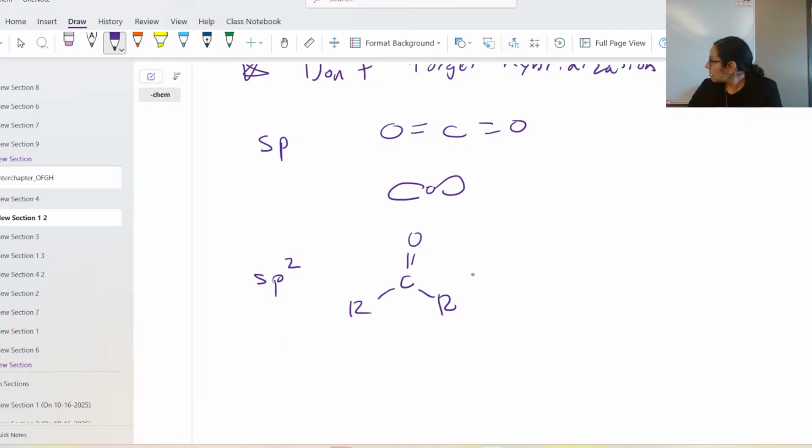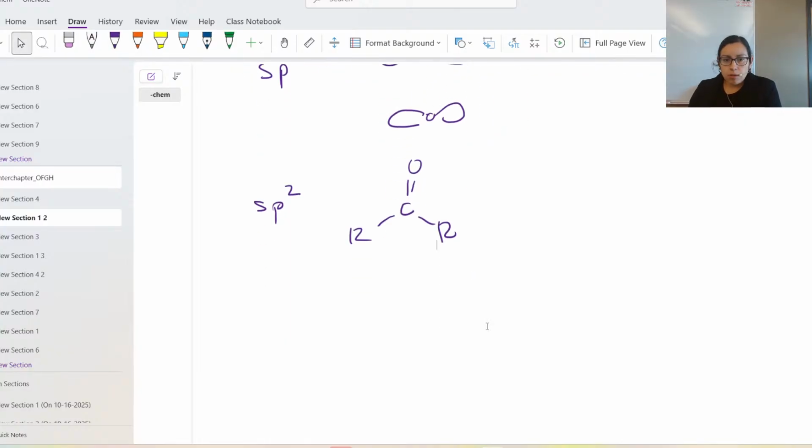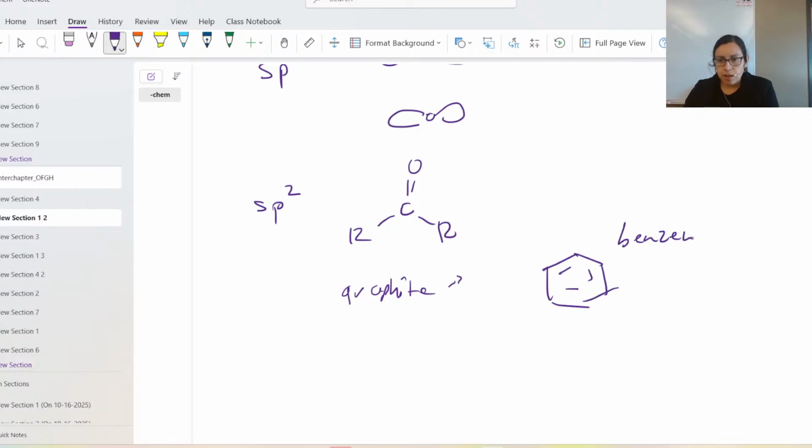We'll look at other carboxylic acid derivatives, right? Or don't forget about graphite, or anything else that's sp2, like benzene. So I'll draw out benzene. Or any other benzene derivatives.